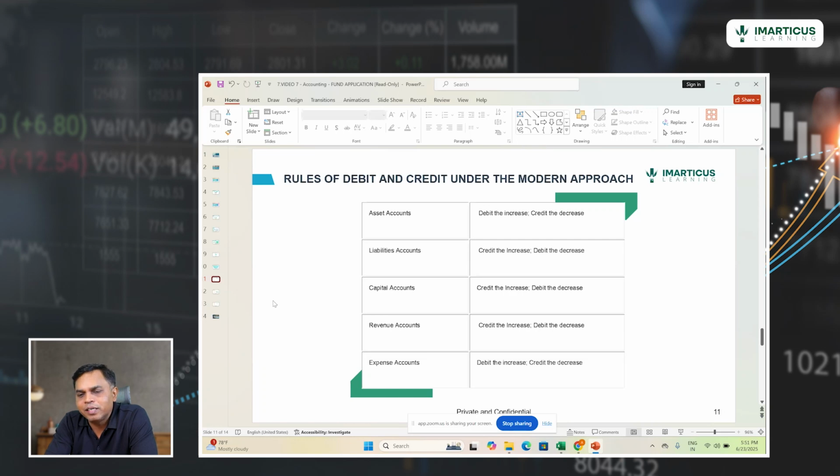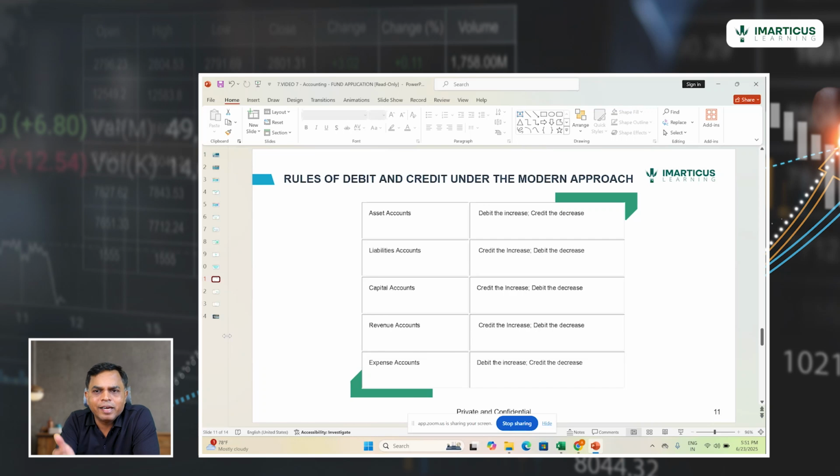Since furniture is considered an asset, whenever there is an increase in the asset, you need to debit it. And similarly, whenever there is a decrease in the assets, let's say the firm disposes some of the assets, then in such case you need to credit it. So for an asset, the approach under the modern method is to debit the account for any increase in the assets and credit in case of any decrease.